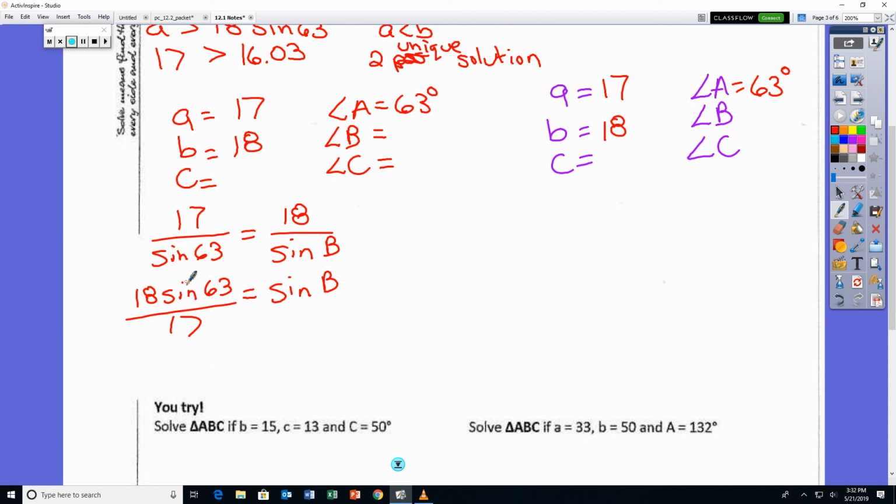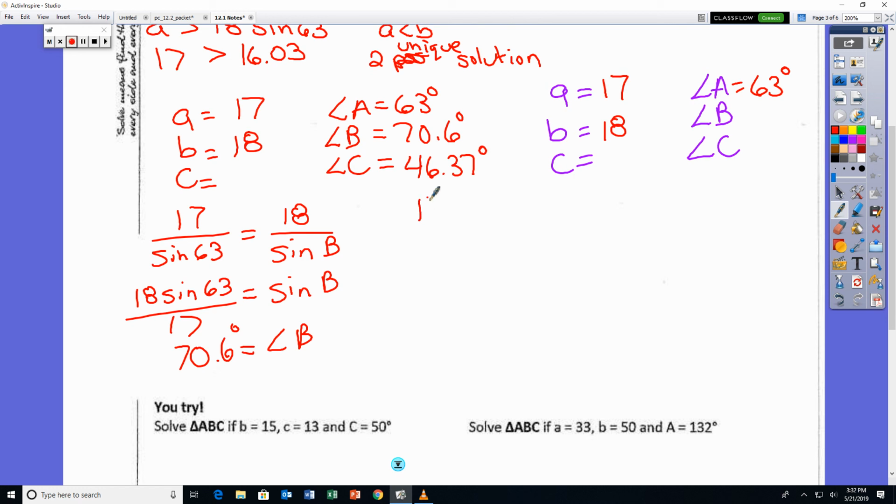So when I multiply all that out and then take the inverse, angle B will come out to be 70.6 degrees. We know our two values, I can subtract them from 180 to get my third angle of 46.37.